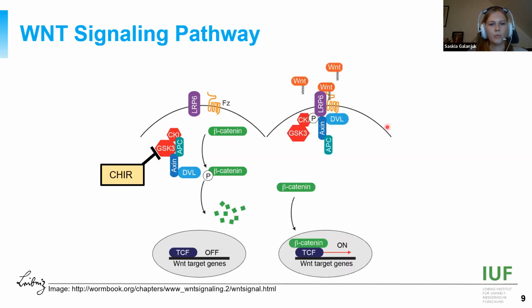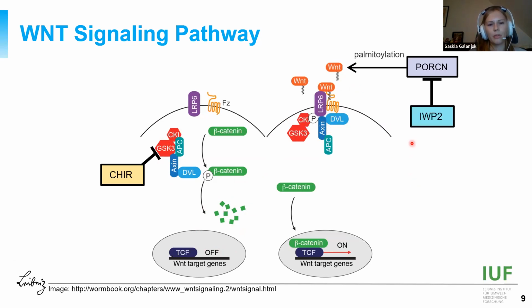And on this side, Wnt is present, which leads to the recruitment of the degradation complex. And to force an inhibition of the pathway, we use the small molecule IWP2. So IWP2 blocks porcupine, which normally palmitoylates the Wnt molecule. And without that, it cannot bind to its receptor.